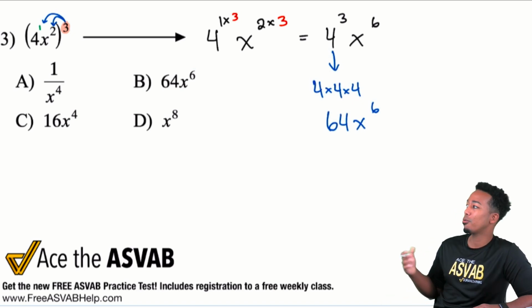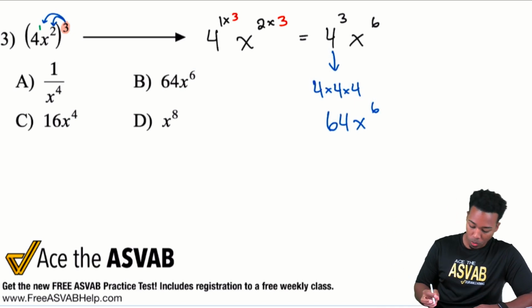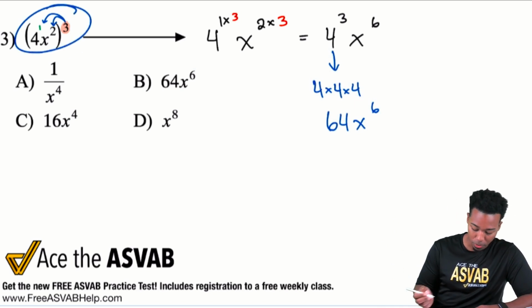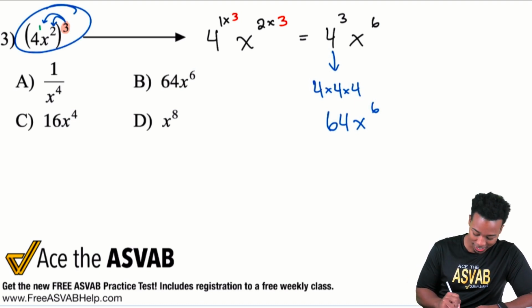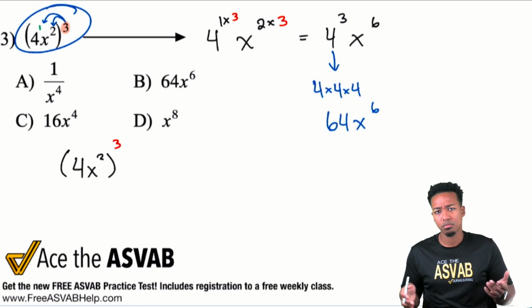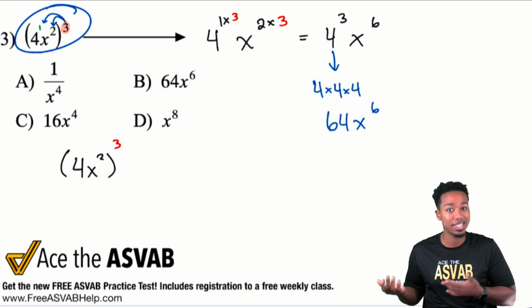But again, there's no point in me just saying all these things without actually showing you why. So here's why. When you take a look at a power to a power, let me really show you what's going on. This is pretty interesting. We have 4x squared, all of it to the power of 3. Remind ourselves, when we have a power, that means we're multiplying that number by itself that many times, right?